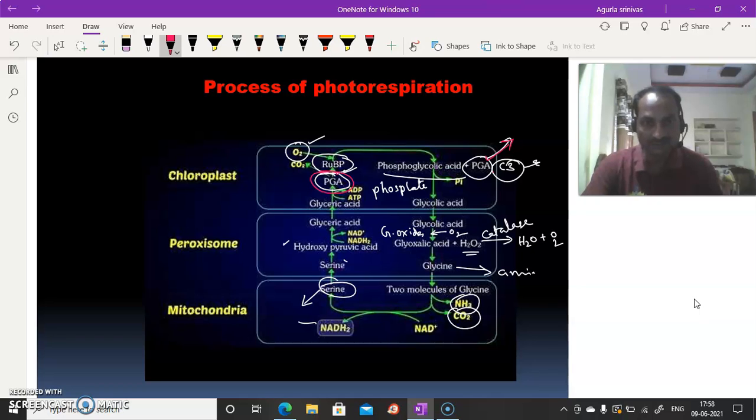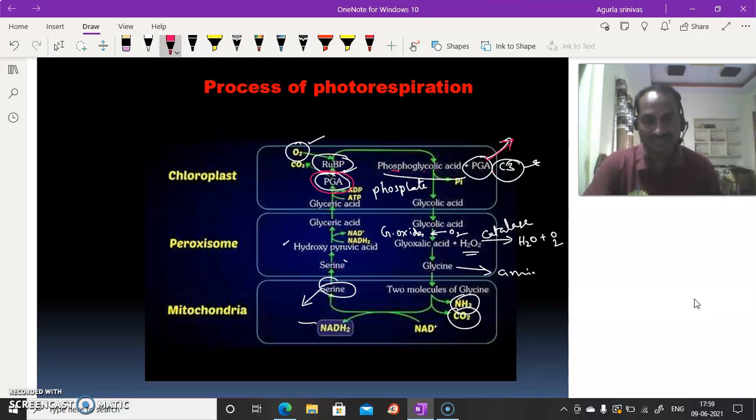But to convert phosphoglycolic acid, this whole pathway occurred and finally converted to phosphoglyceric acid. Photorespiration is nothing but, as I told you in the previous video, the conversion of phosphoglycolic acid to phosphoglyceric acid.